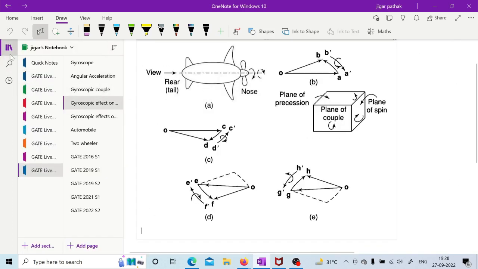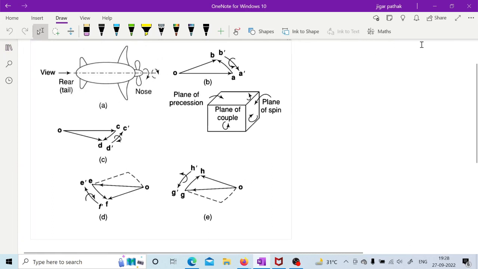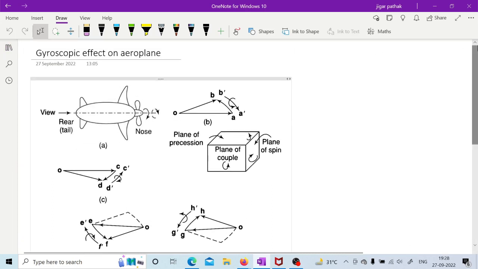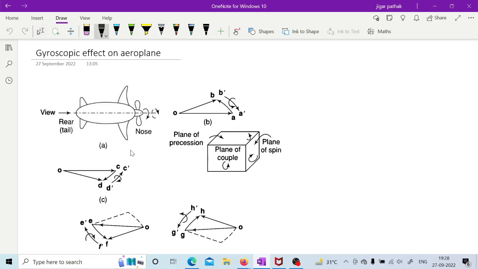Now if we go for different cases, if you see the effect of this gyroscopic couple on an aeroplane, here different cases are given. So if you see here, the first case is when viewing from the rear, this fan or rotating element has clockwise rotation.